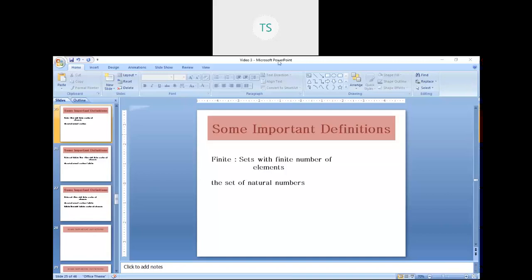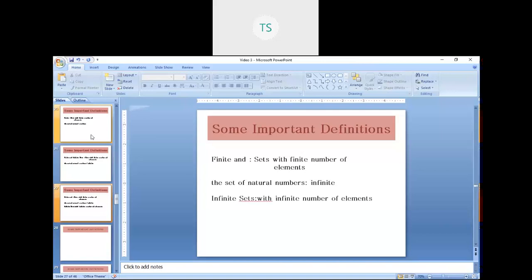So you can say the set of natural numbers is infinite, because there are so many natural numbers and you cannot count all of them. That means you cannot count up to the last natural number. So this set of natural numbers is infinite, that means it has infinite members or infinite elements.